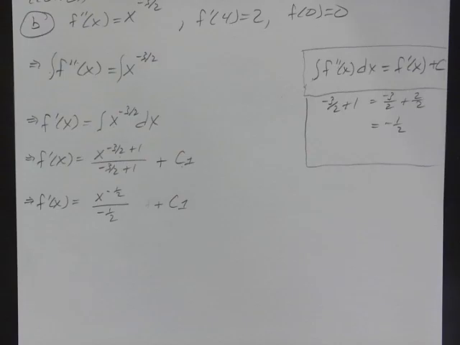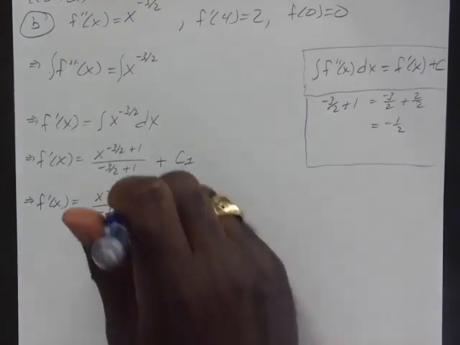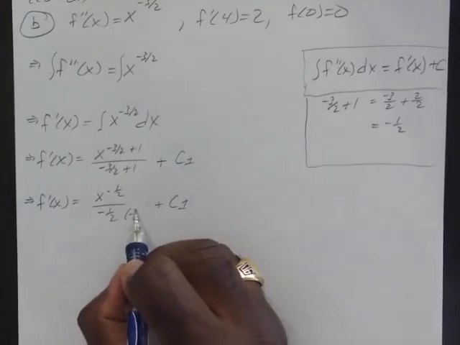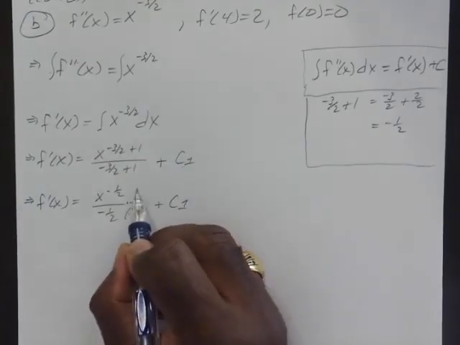Okay. So again, we want to get rid of that negative 1/2 in the denominator. We don't want that making this problem harder than it needs to be. So we're going to multiply the numerator and denominator by its reciprocal, which is negative 2. So you have negative 2 divided by negative 2.